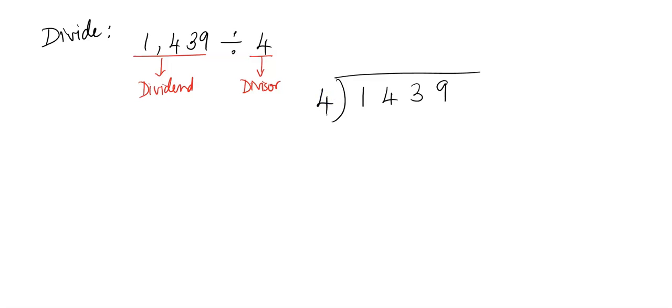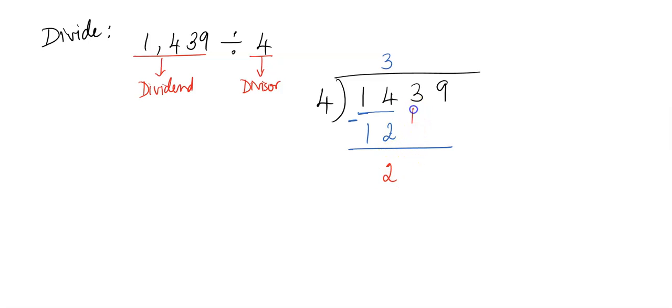Let's use that. And let's start with 1, too small, so we go for the 14. 4 times 3 is 12. Because 4 times 4 will be 16, it will go over. Then do the subtraction. So 14 minus 12 is 2. Okay, so let me use a different color here.